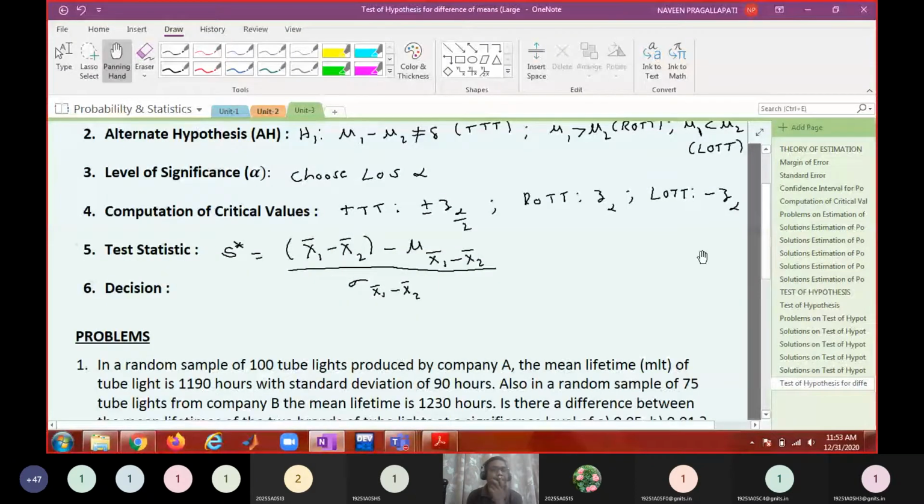Now, this is equal to x1 bar minus x2 bar minus, and there is a real result saying that mu x1 bar minus x2 bar. What is mu x1 bar minus x2 bar? Can you please tell me the meaning of this?